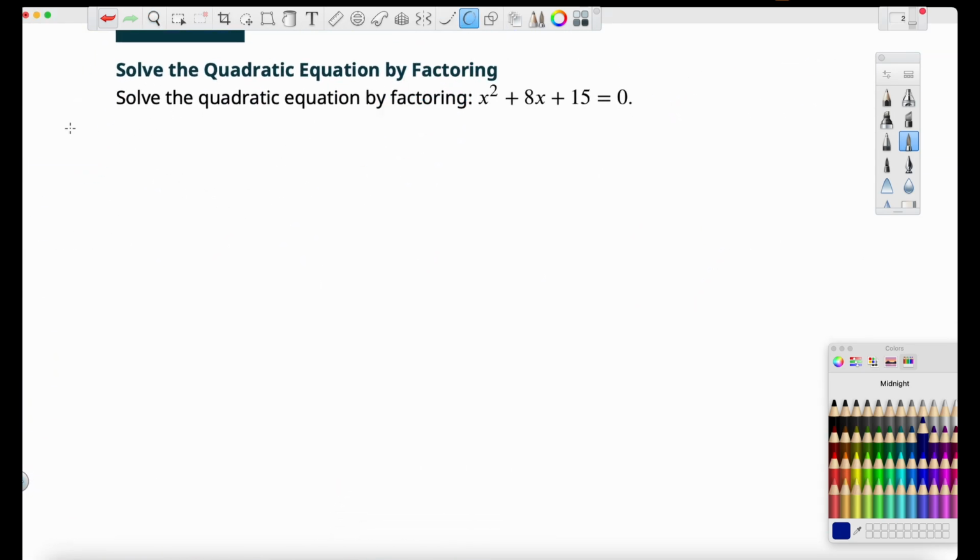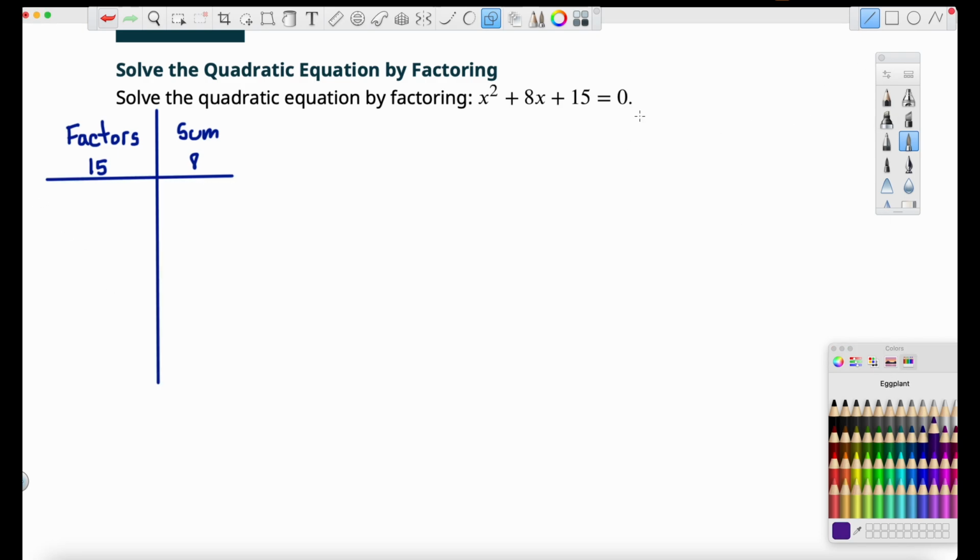Next example, solve the quadratic equation by factoring again. This is just like the one we did before, except we are looking for the factors of 15, whose sum is 8. So we're going to make another little chart. So factors of 1 and 15, or 15 and 1. And the other one is 3 and 5, or 5 and 3. And that's it. So 3 and 5 are my pair.